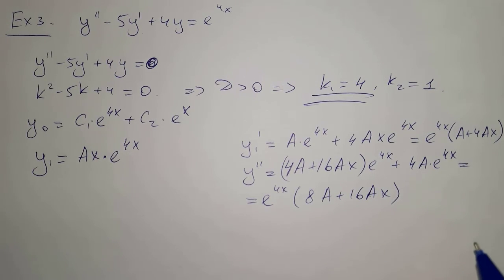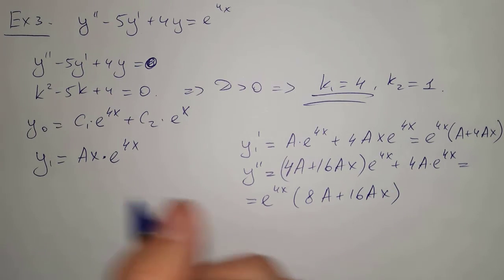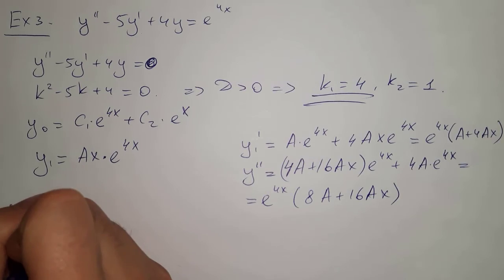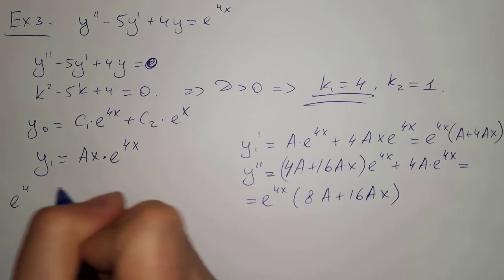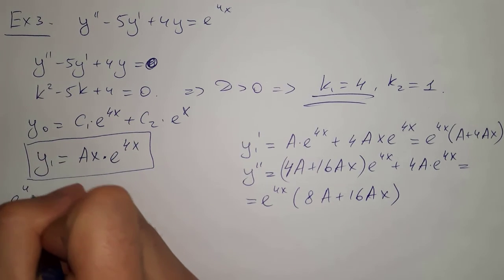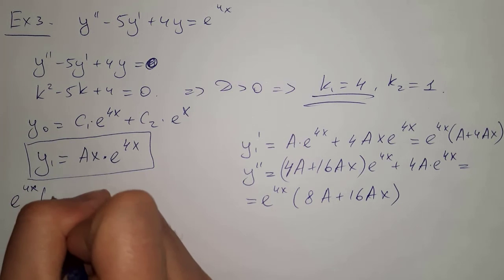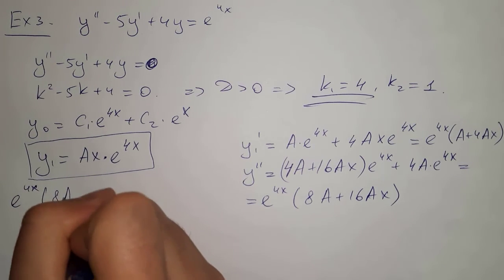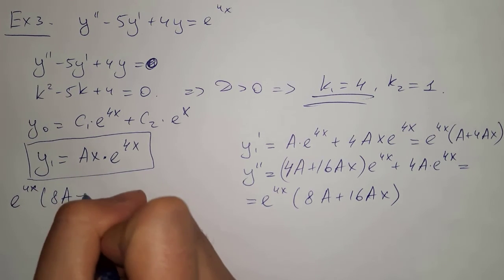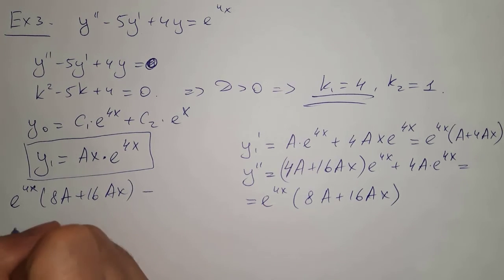Okay, now let's put it into our equation, and we'll get e to the power of 4x times 8a plus 16ax, minus 5y prime, where is y prime?